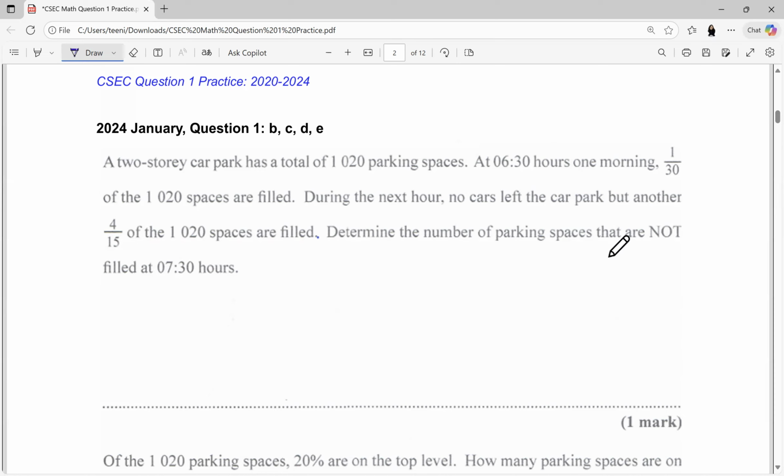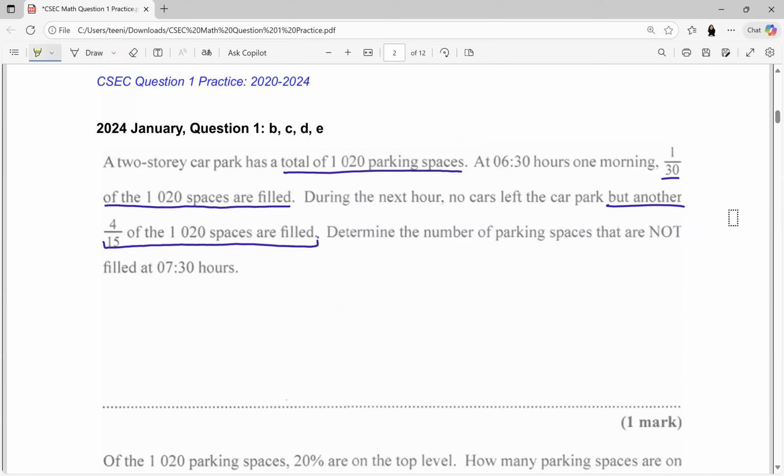Determine the number of parking spaces that are not filled at 730 hours. So first, you had 1/30th of the 1,020 spaces filled, and then during the next hour, no cars left, but another 4/15ths of the spaces are filled. We need to find how much were not filled.